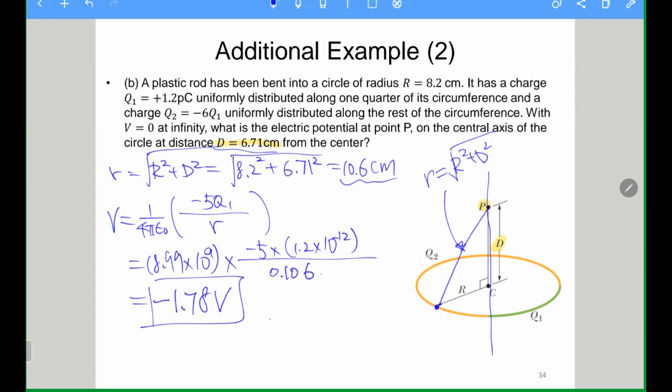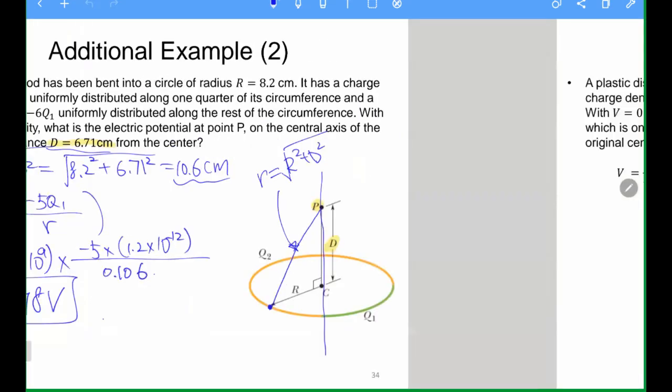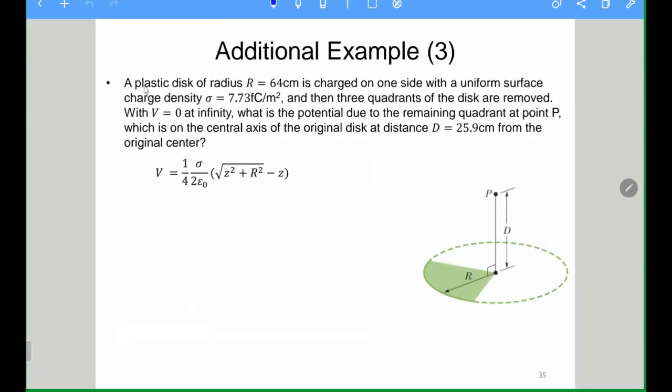Okay, so I think this one is pretty easy. The next one is a plastic disc of radius R, charged on one side with a uniform surface charge density. So we have a surface charge density for the disk, and then 3 quadrants of the disk are removed.